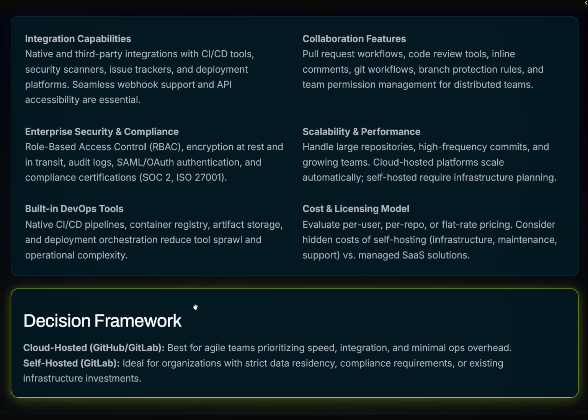So, the decision framework. Cloud-based, so GitHub and GitLab, suit agile teams prioritizing speed, integration, and minimal ops overhead. And GitLab self-hosted is ideal for organizations with strict data residency, compliance requirements or existing infrastructure investment.